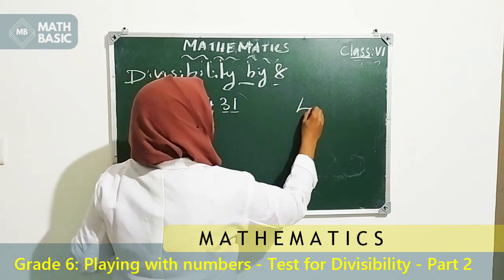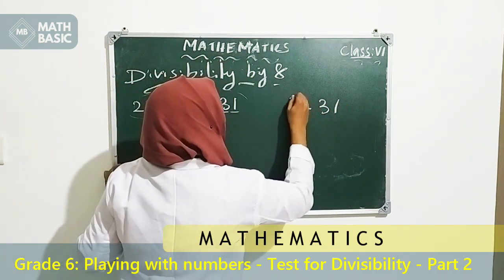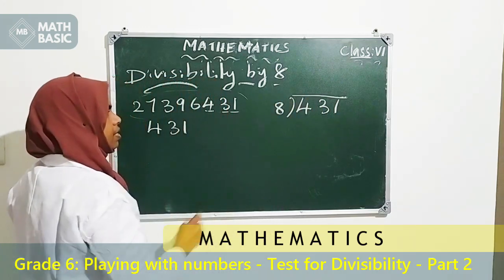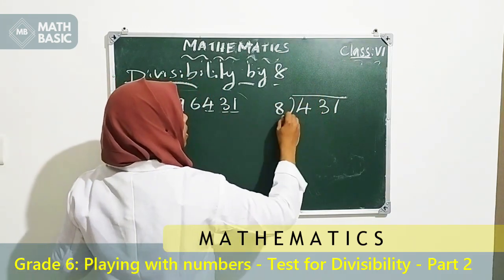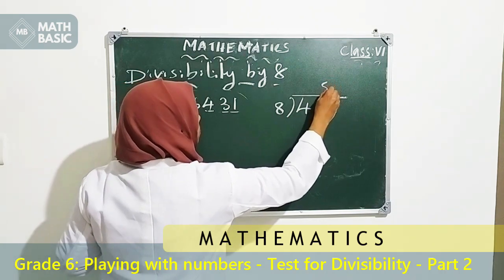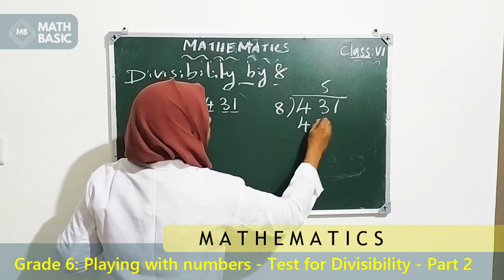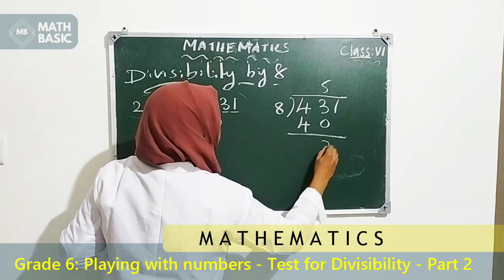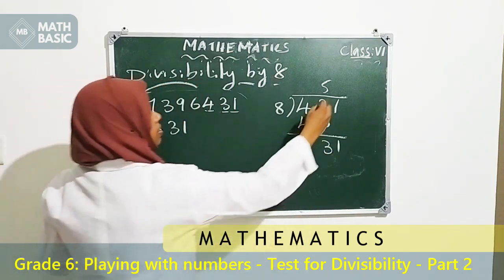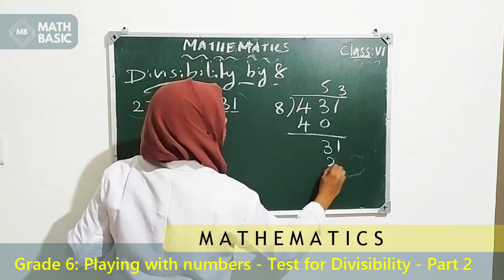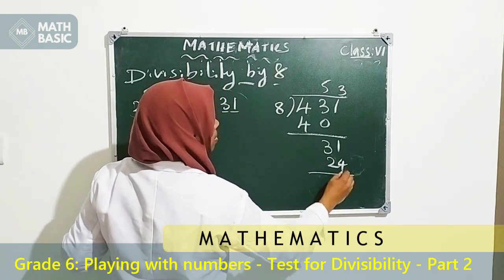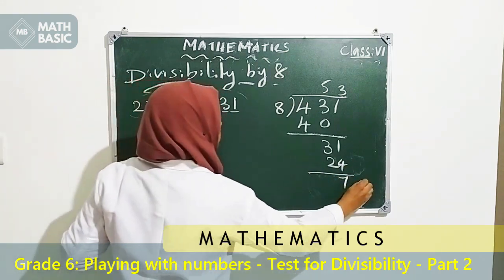See, 431 divided by 8. How many 8s in 43? 5 8s are 40. Then bring down 3, 31. 3 8s are 24. Subtract, and 7 is the remainder.